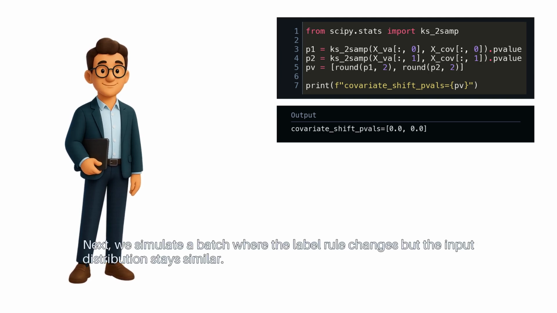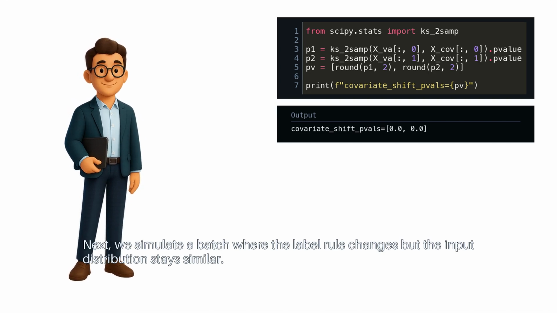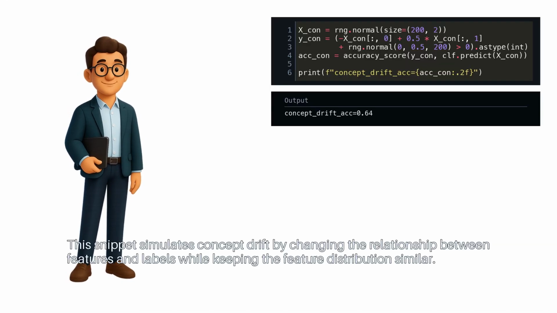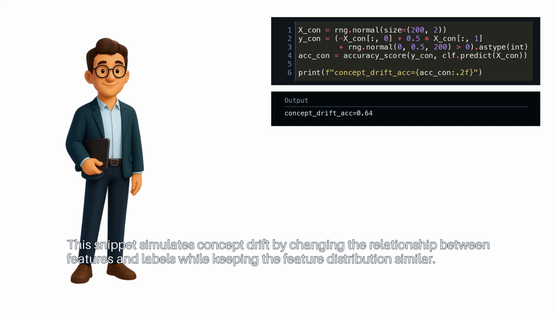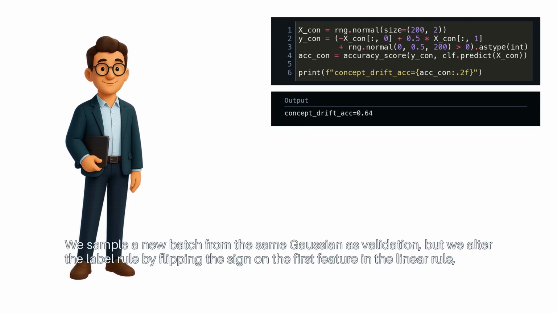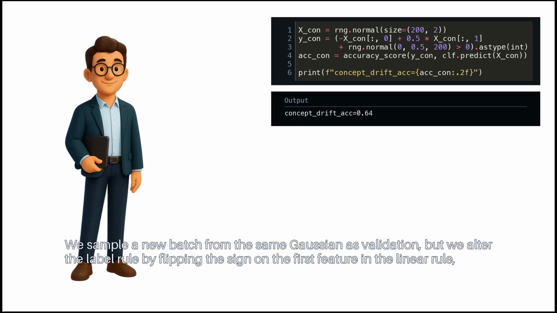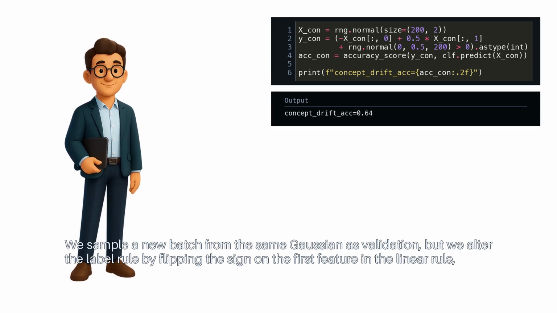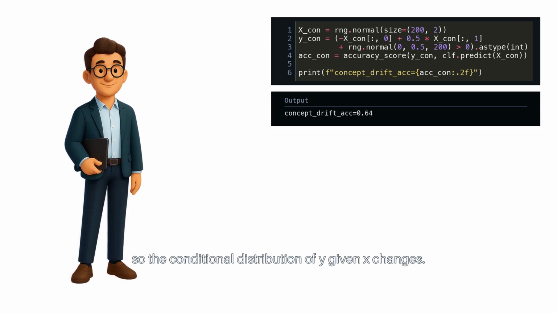Next, we simulate a batch where the label rule changes, but the input distribution stays similar. This snippet simulates concept drift by changing the relationship between features and labels while keeping the feature distribution similar. We sample a new batch from the same Gaussian as validation, but we alter the label rule by flipping the sign on the first feature in the linear rule, so the conditional distribution of y given x changes.